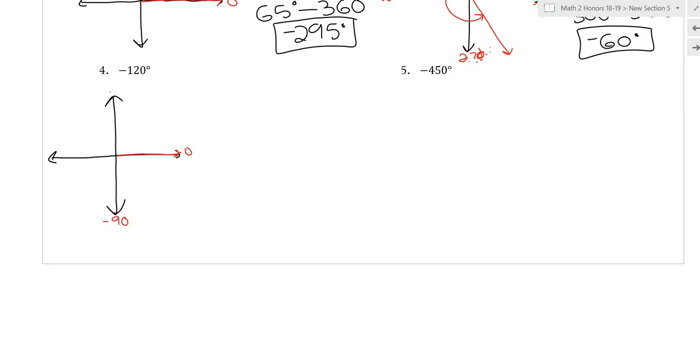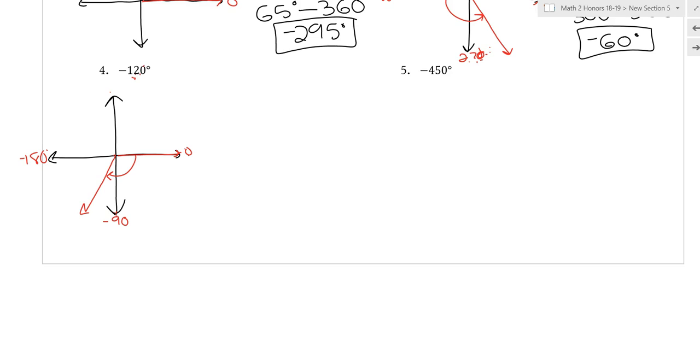Right, so we just go in the opposite direction. And this is negative 180. Okay. And we're past it, right? So I'm checking, this number is between 90 and 180. Which one's it closer to? It's closer to 90. So I'll put my line a little bit closer to 90. And it's negative, so it's going around this way.